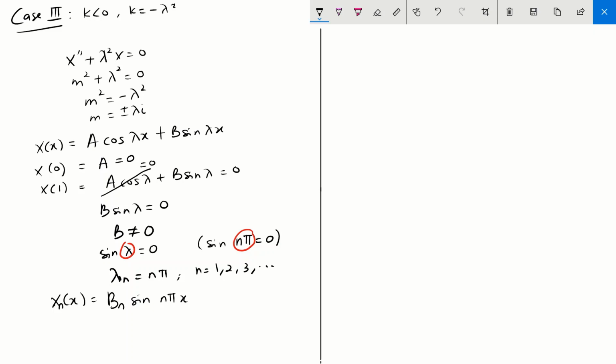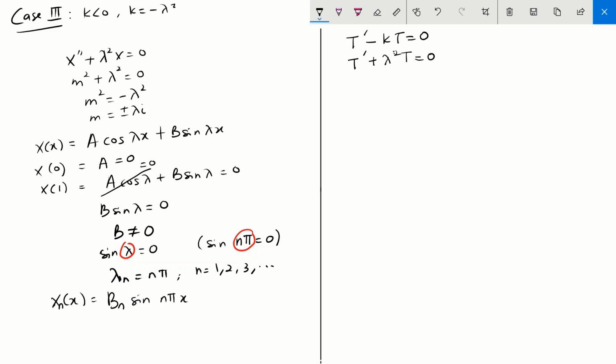Now there is a necessity to solve the time variable since we have the solution of the spatial variable. We want to rewrite the first order ODE of the time variable. Since this is the case when k is negative, where we let k equal minus lambda squared, when we substitute into the first order ODE of the time variable, we get T prime plus lambda squared T equals 0.